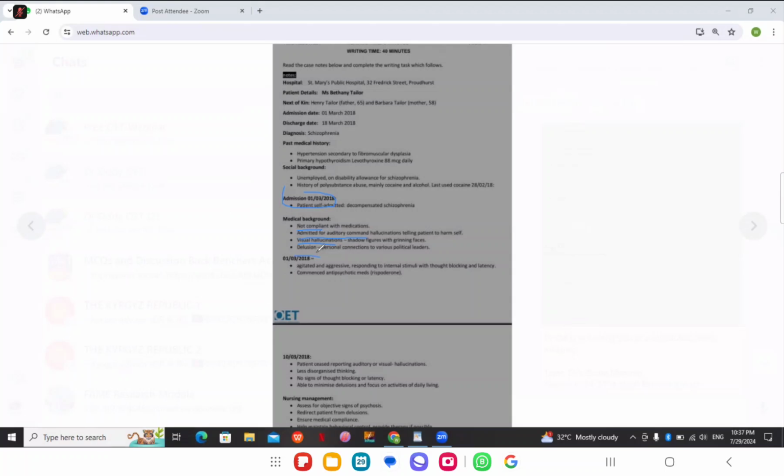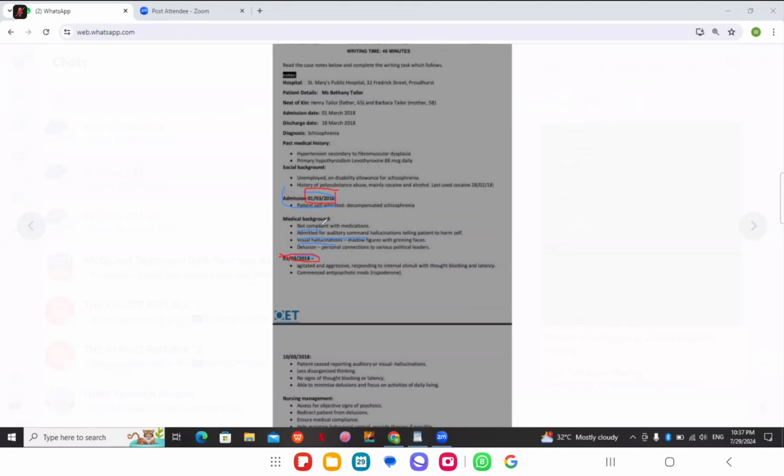Then, now this is a trick, and it's tricky. Why? If you see this particular date and this particular date, these two dates are of the same day, right? 01/03/2018 and 01/03/2018. This is how they bluff you guys, and you guys actually get trapped.